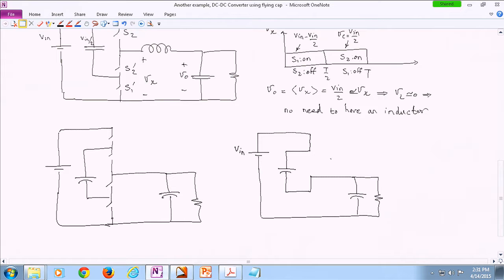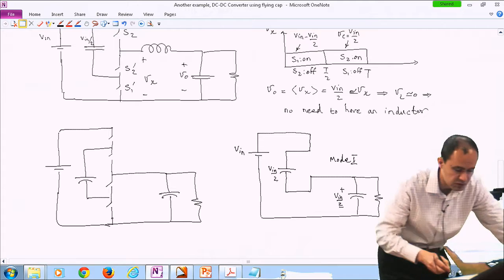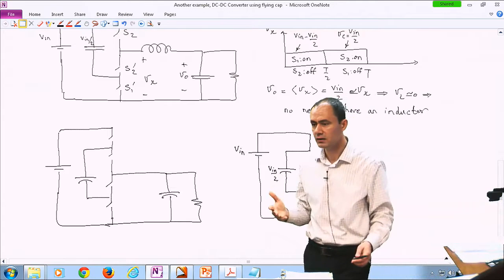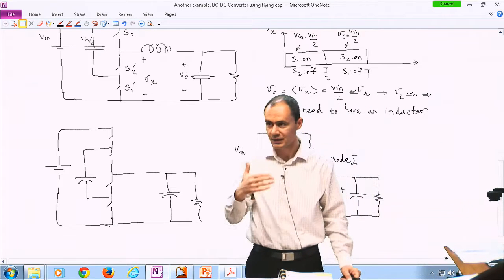So this is like mode 1. All right, so technically we are really not violating KVL at all. Remember, all these capacitors are considered large capacitors, so they are stiff voltages. So this is Vin over 2 plus another Vin over 2, which gives us Vin. Okay, KVL is not violated.